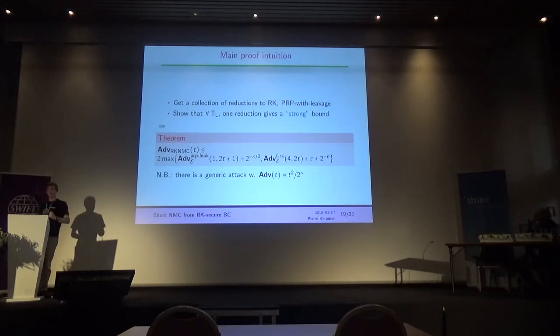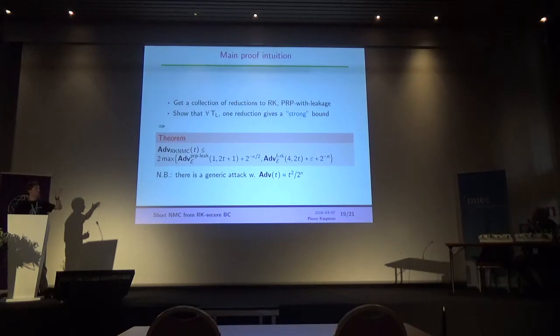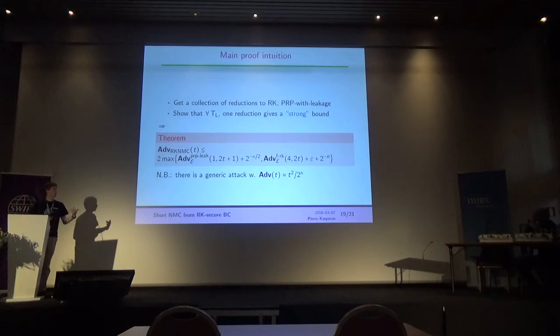And we can combine them, and with this we can show that for any tempering function, at least one of the bounds gives a good security. And so we have this theorem, I'm not going into detail. And it's kind of tight, because we also have an attack, basically a meet-in-the-middle attack, that works with advantage t squared over 2 to the kappa. So we really have kappa over 2 bits of security for this construction.